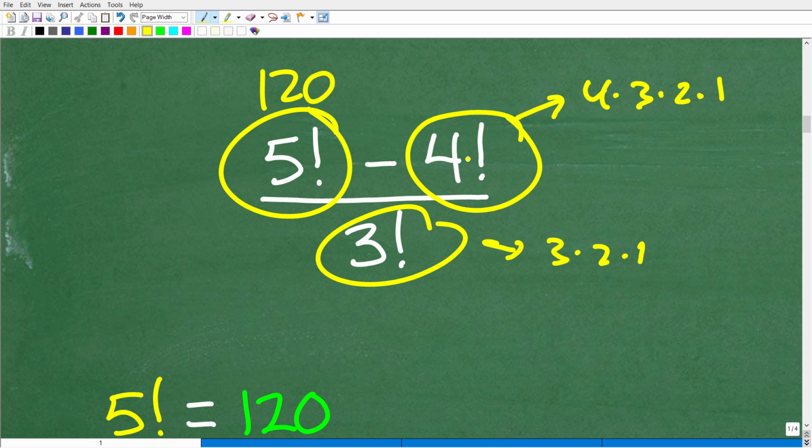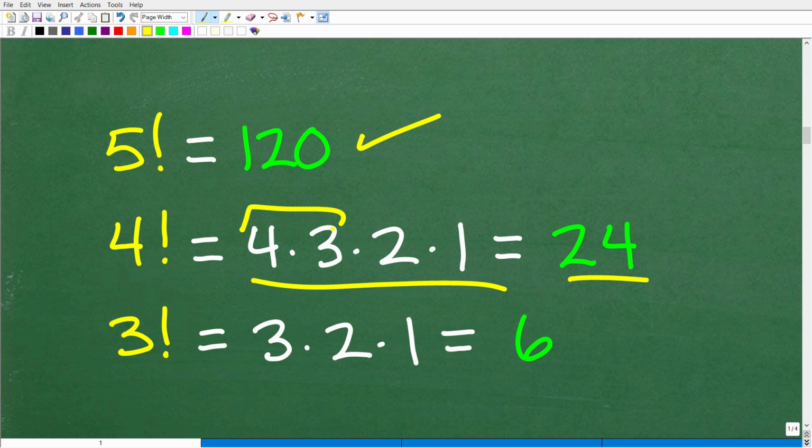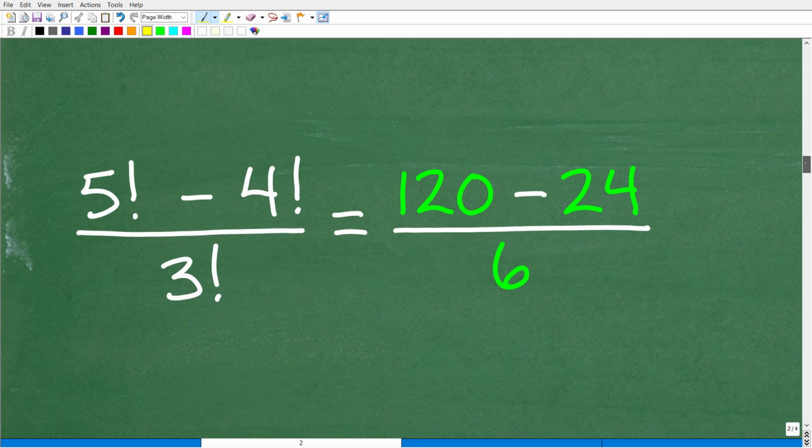So 5 factorial, 4 factorial, and 3 factorial. Let's get the values here, right? So 5 factorial, we know that's 120. 4 factorial is 4 times 3 times 2 times 1, which of course is 24, right? So we have 12 times 2 is 24, and then 3 factorial is 3 times 2 times 1, which is 6. All right, so all we have to do is substitute these values into the problem like this.